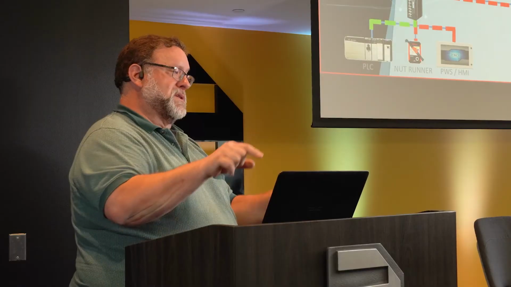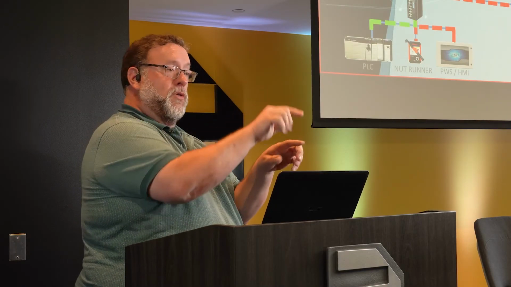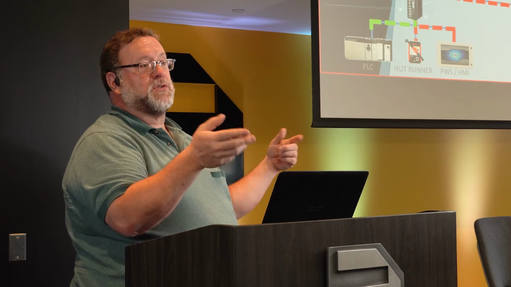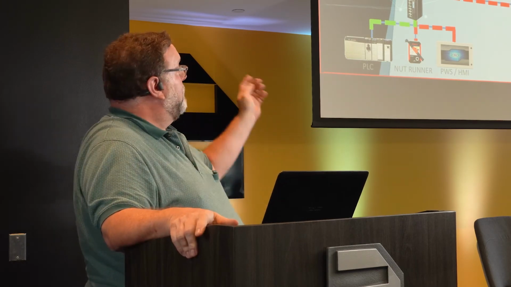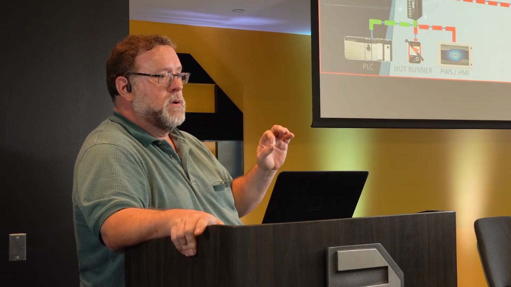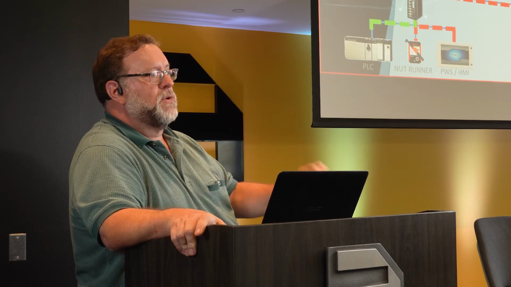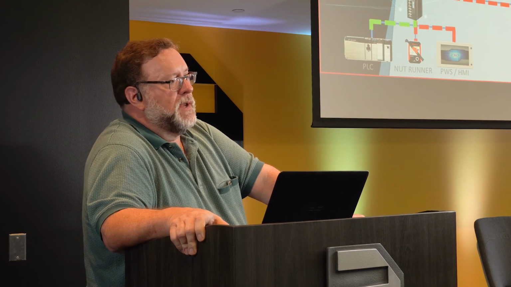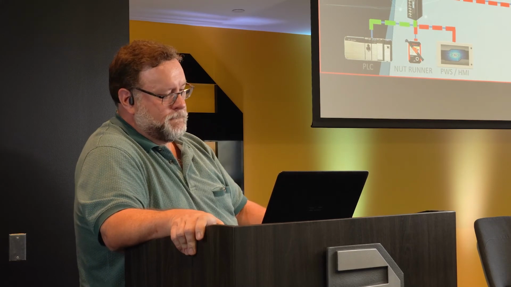Now, there might be a rule that specifically points those two out, or there might be a generic rule that says any PLC that wants to talk to any HMI over SIP, go ahead. If it's okay, it writes a flow for that protocol between those two devices. So the network is drastically more segmented, or you will hear the term microsegmentation. Okay.